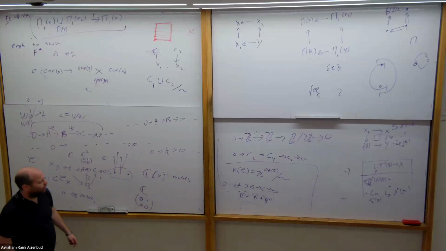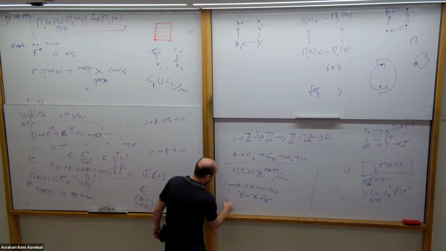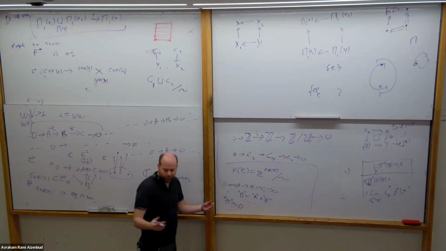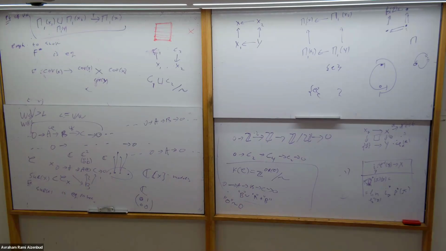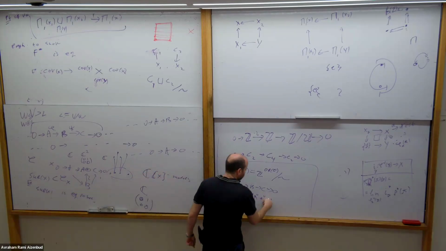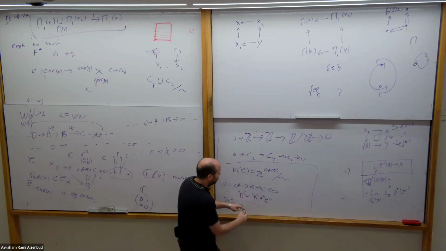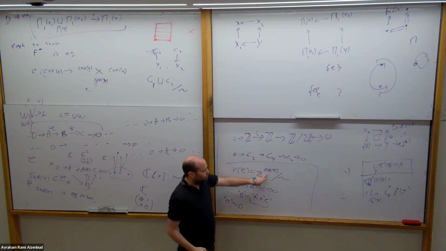Maybe you also need to add to the relations that 0 is the empty object. So this is an element in the free abelian group.